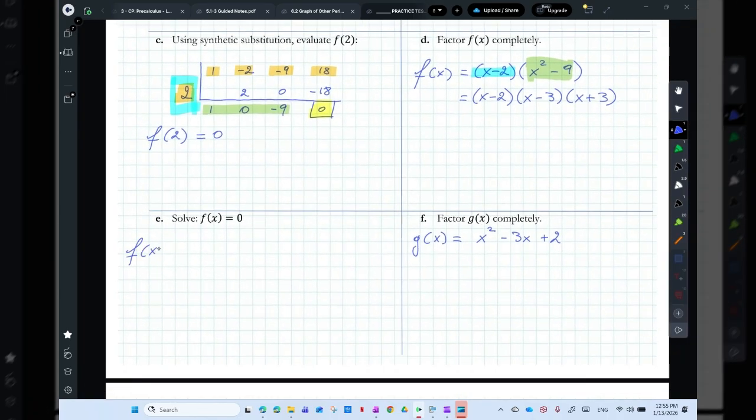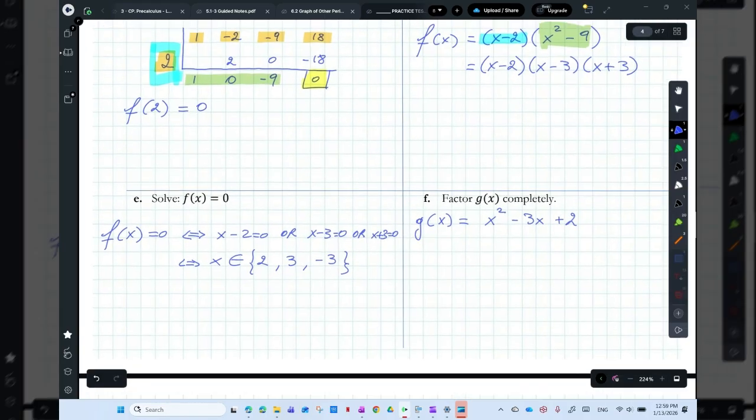F of x equals 0 will be equivalent to x minus 2 equals 0, or x minus 3 equals 0, or x plus 3 equals 0, which means that x belongs to the set with the elements 2, 3, and negative 3.